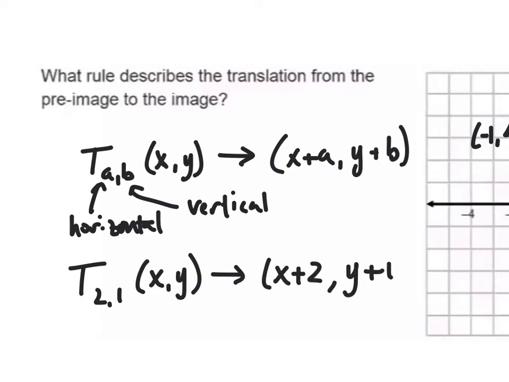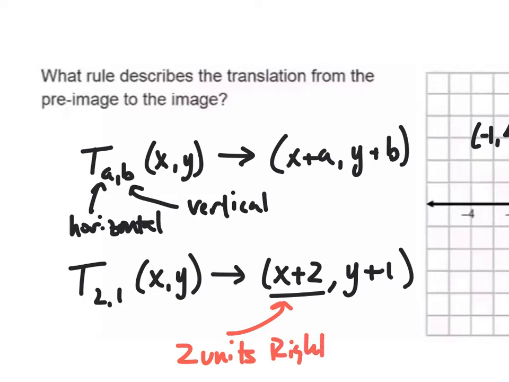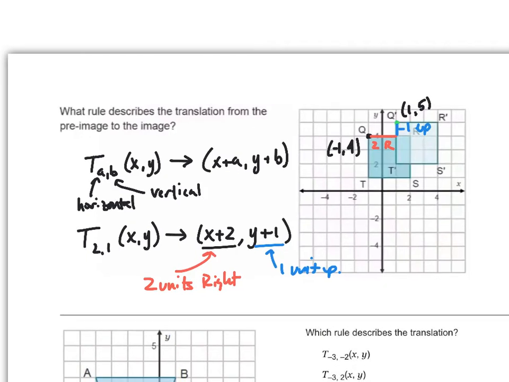What this means is that I'm moving 2 units right, and this is 1 unit up. And that's it. That's how we would look at that and be able to write this. So this is our answer. This is what we're looking for.